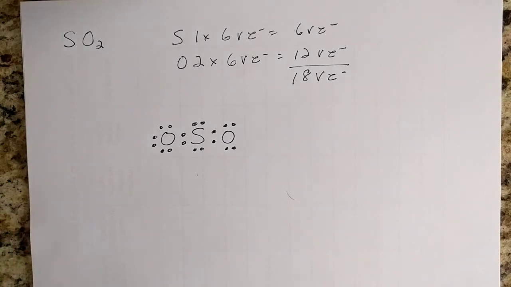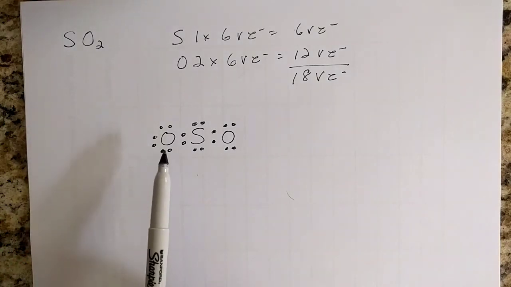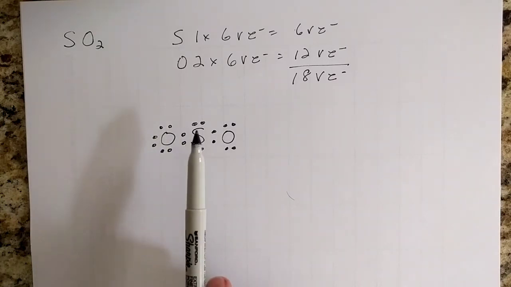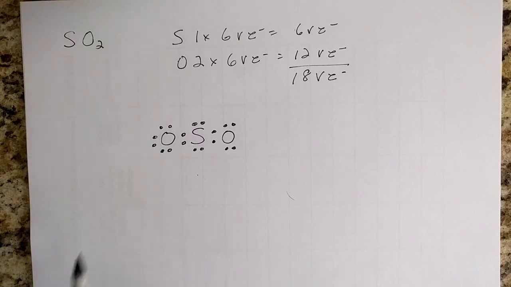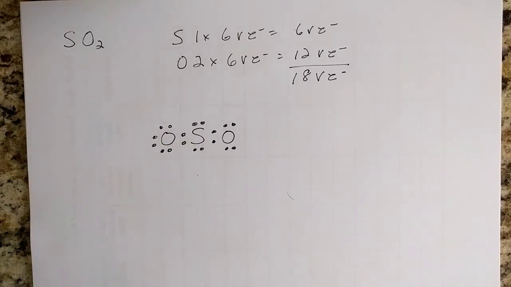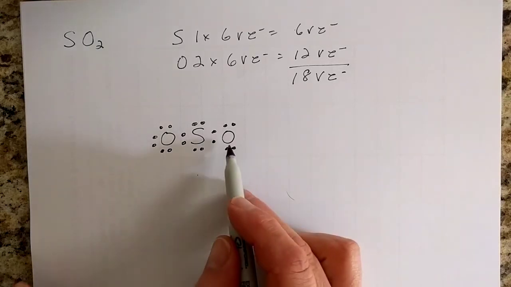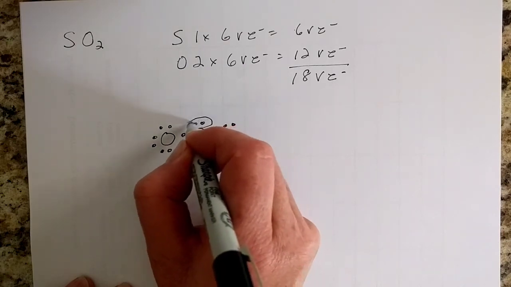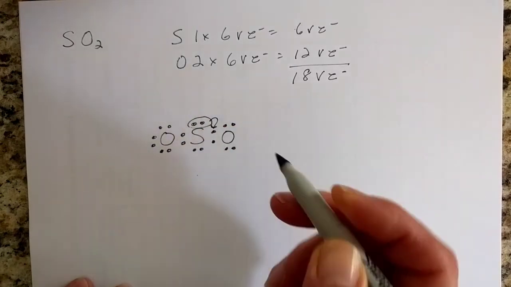Okay, so we look here and we can see that this oxygen is 2, 4, 6, 8. It's good. Sulfur is 2, 4, 6, 8. It's good. Oxygen is 2, 4, 6. No good. So what we need to do now is move some electrons into the middle to give this oxygen more electrons that it can count.